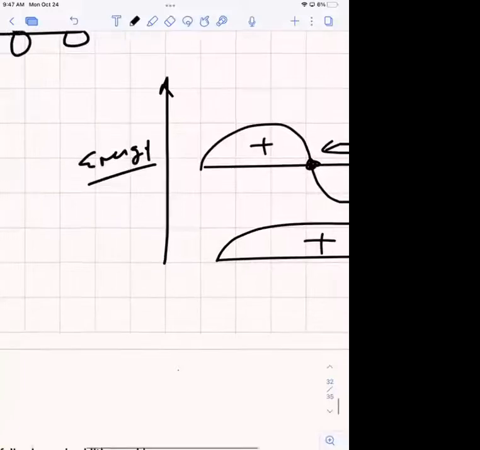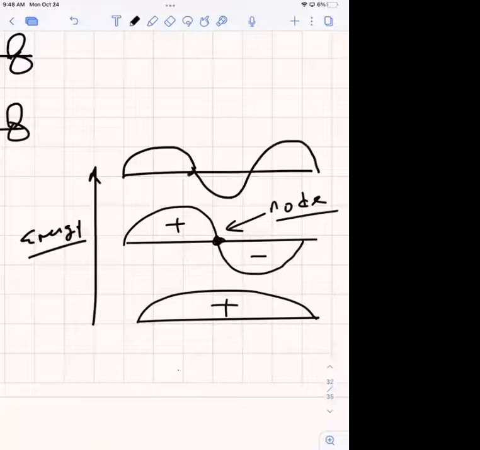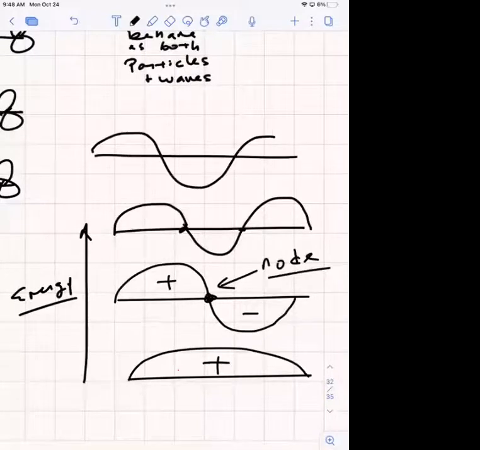Right, it's true. So if I go up to the next energy level, that wave is going to pass through 0 twice. And then if I go up again, that wave is going to pass through 0 3 times. I need to shorten that wave. 1, 2.